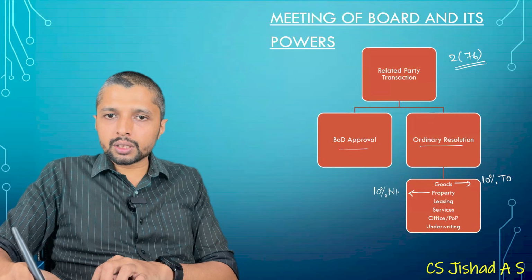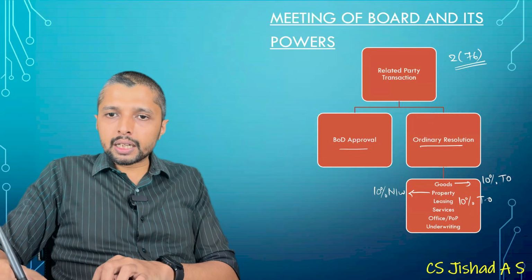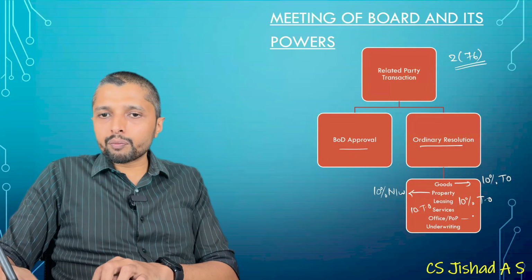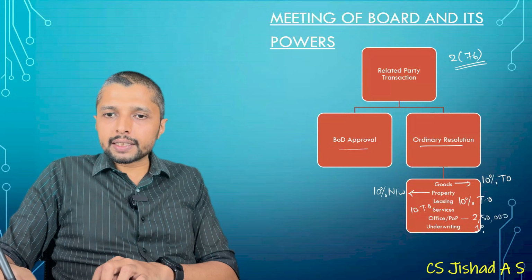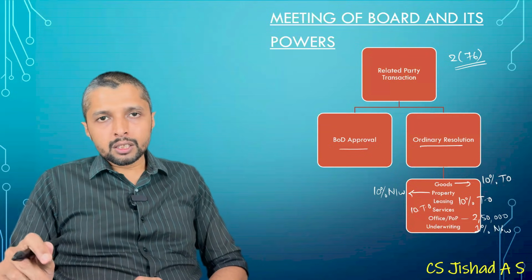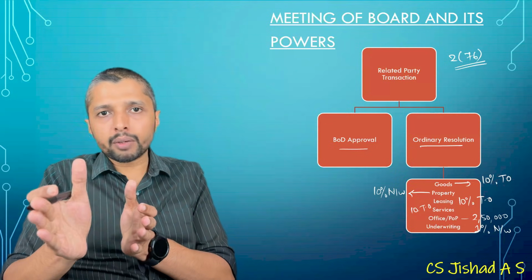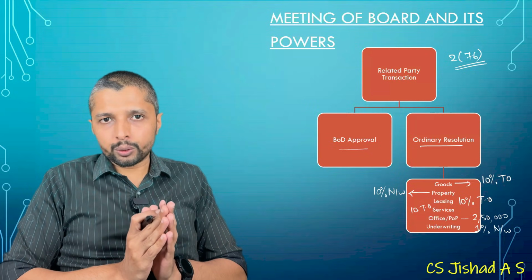Then leasing 10% of turnover, services 10% of turnover, office or place of profit more than 2,50,000 in a month, then excess of 1% of net worth in the case of underwriting. So if you are meeting this threshold, you will have to get the approval of members by way of ordinary resolution. Otherwise, you will be requiring board resolution.